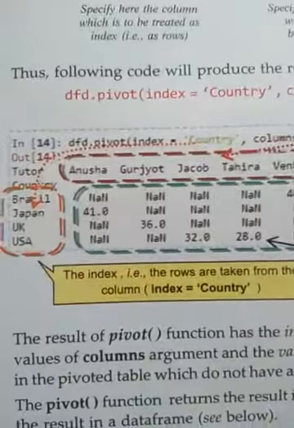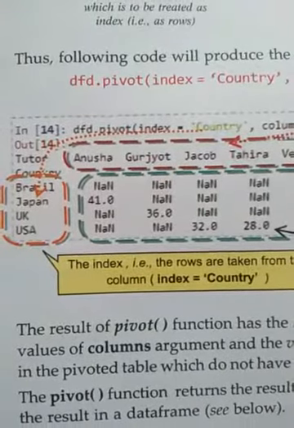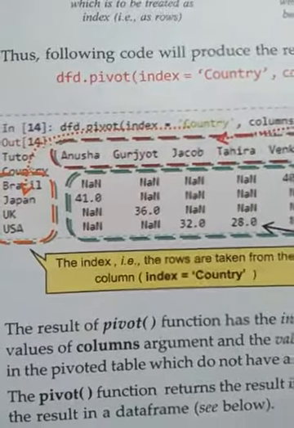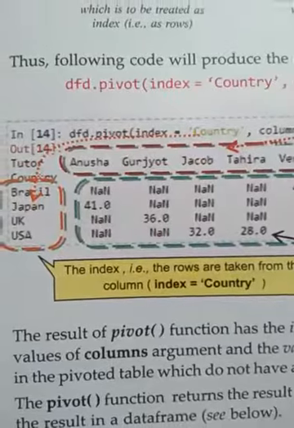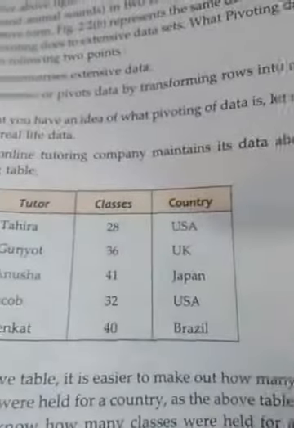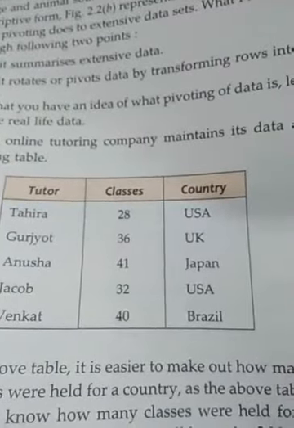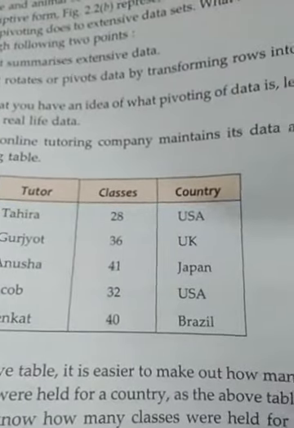Now we can see the same value is displayed in a better way, in a representation that is easier. Second, there is Gurjot, whose value is 36 and the country is UK. So this is Gurjot's value, 36, and UK.